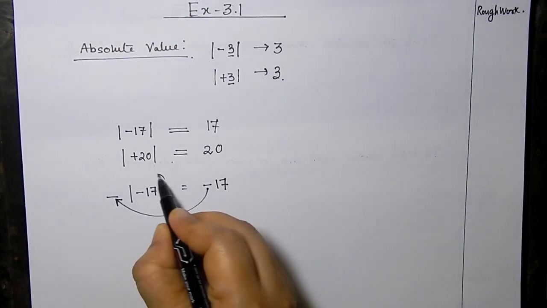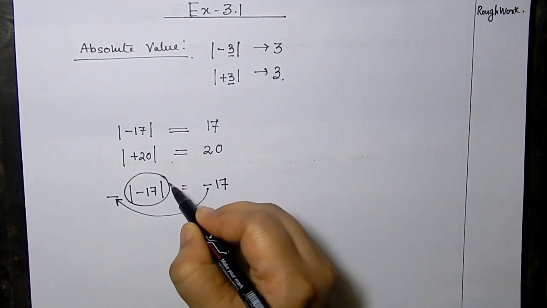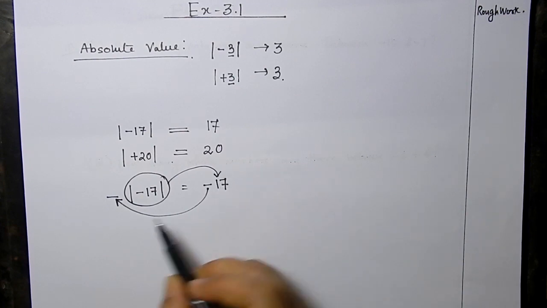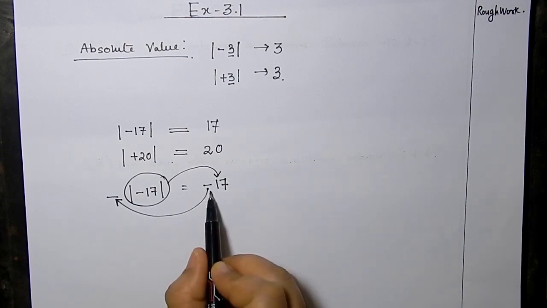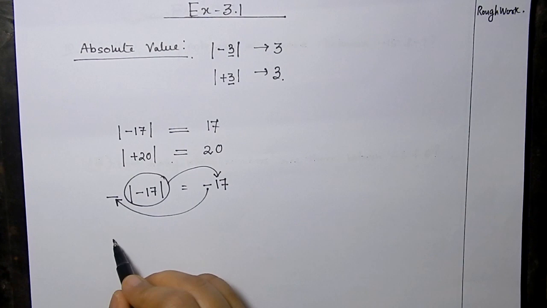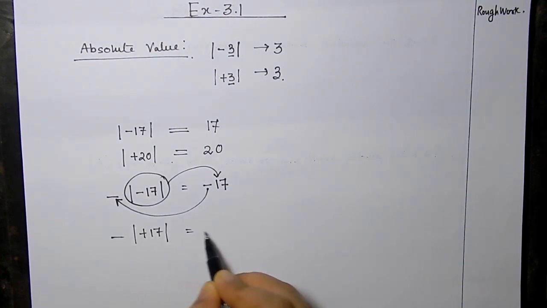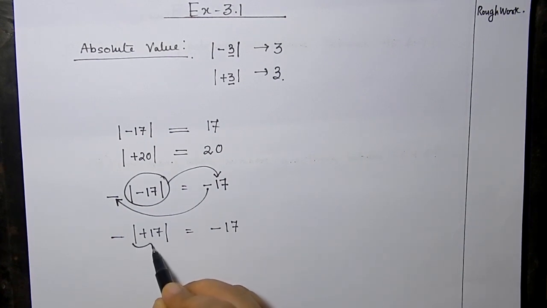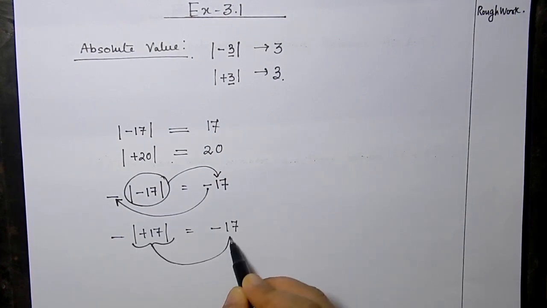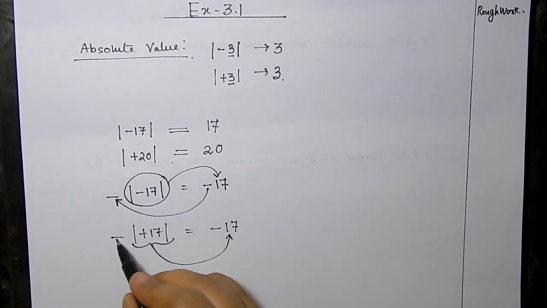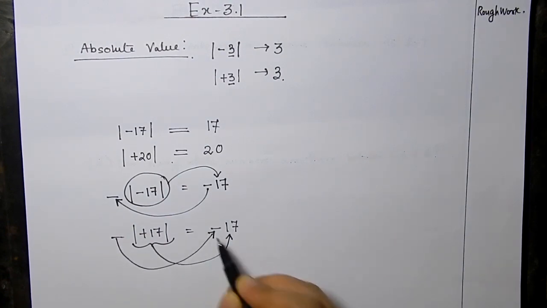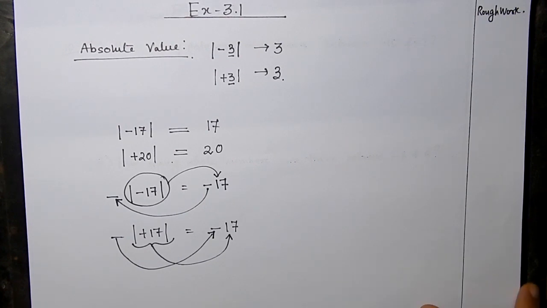This magnitude is giving me only 17 and this sign is giving me the negative sign. So if I have minus of +17, then also my answer will be -17. Why? Because magnitude of +17 is only 17 and this negative sign is giving me the negative sign on the left hand side. I hope the absolute value is clear to you.